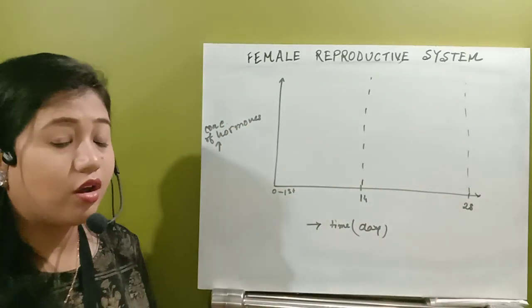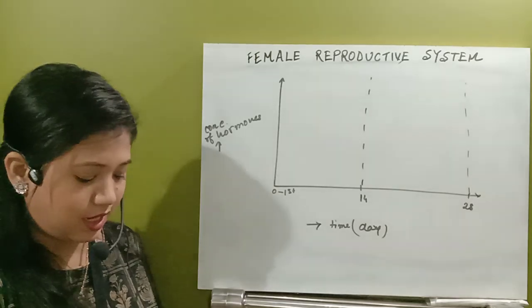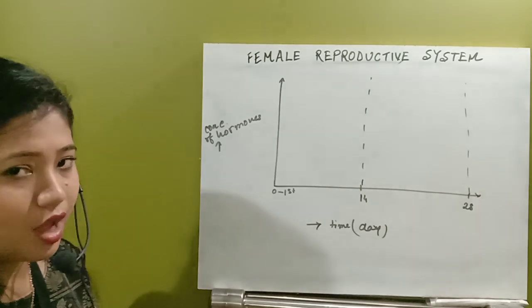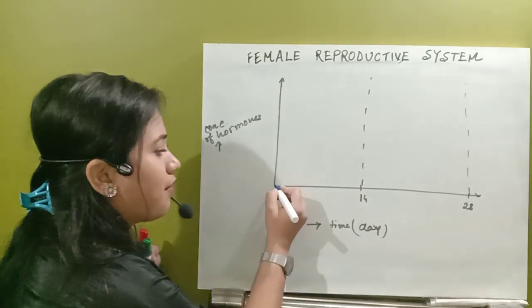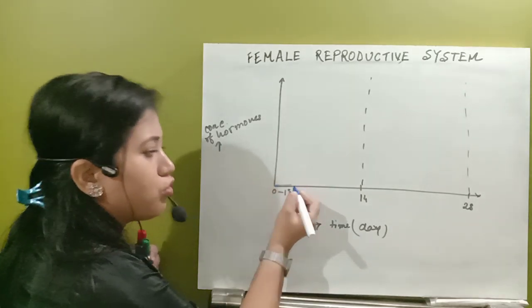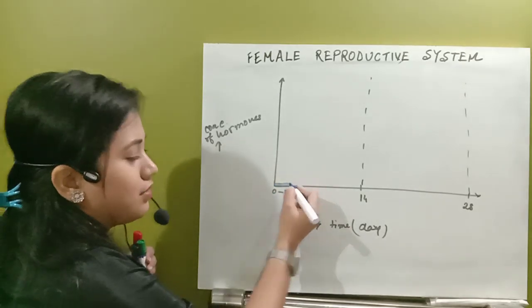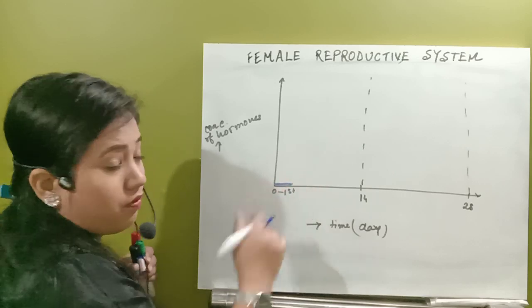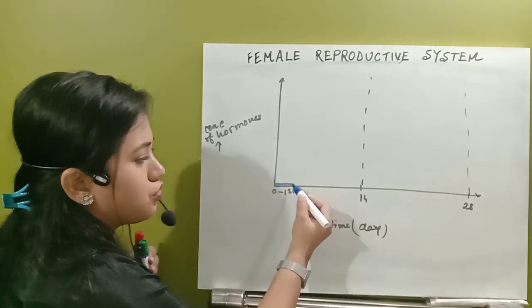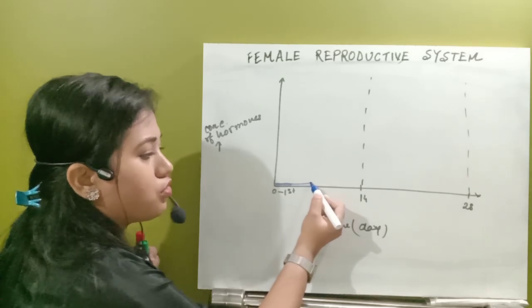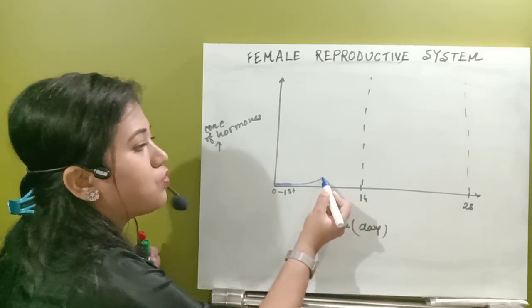First of all, on the first day of the menstrual cycle, we don't have any hormones. So from the first up to the third day, we'll have no LH hormone, no FSH hormone. Suppose this is the line of FSH hormone. From first to third day, it will not be released, but gradually from the third to fourth day, it will start to release.